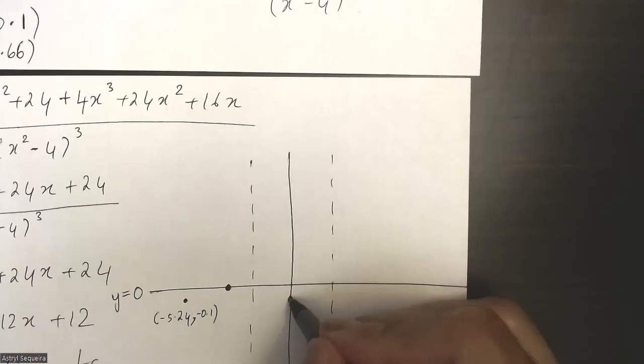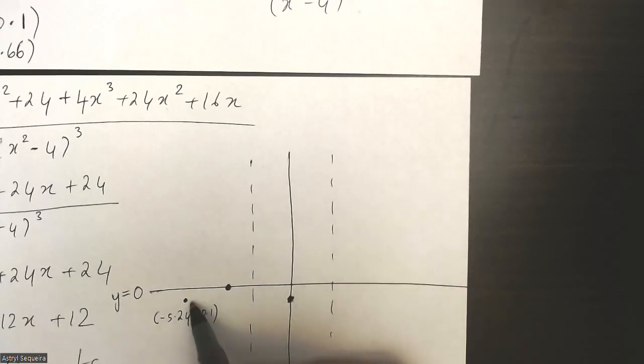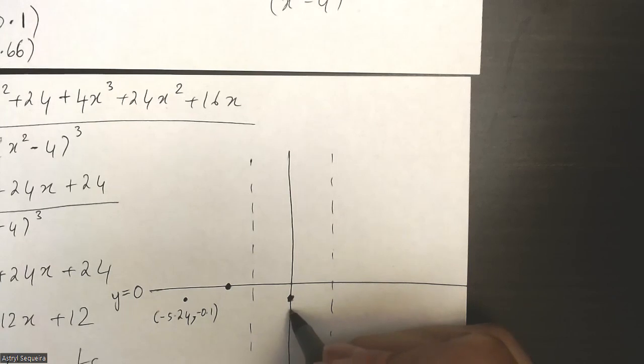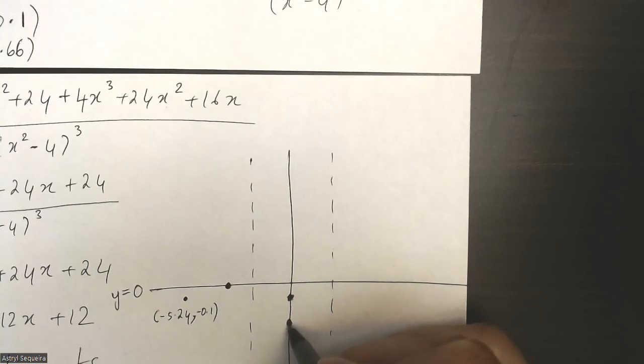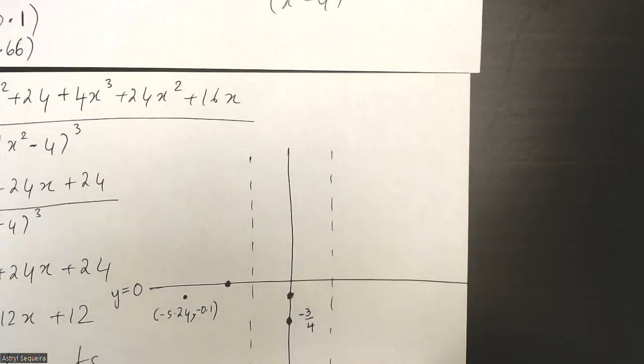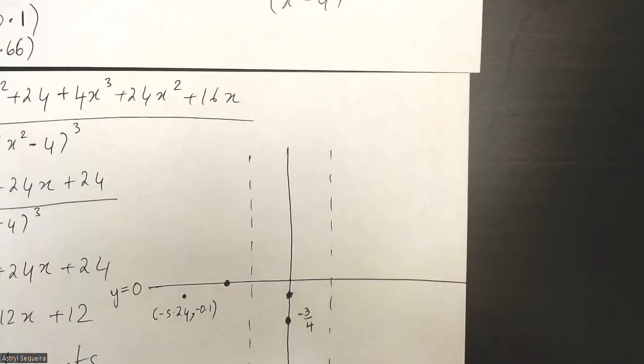So I have to move this point a lot lower, because if that's -0.1, my y-intercept of -3/4 will be a bit below this. So I'm going to move my y-intercept there. Basically -3/4, which is -0.75, but I've expanded the scale a lot in this graph for this point.